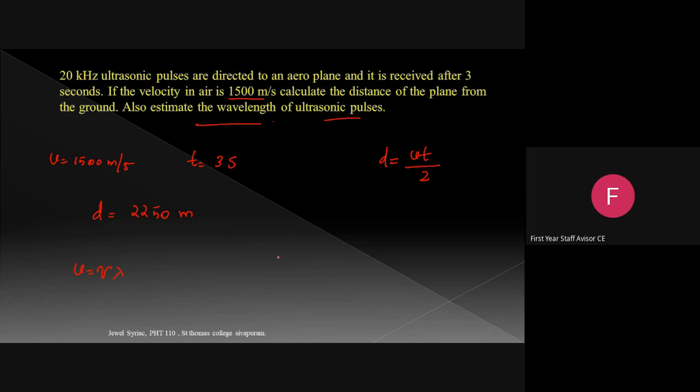So mu given is 20 kilohertz, kilohertz in hertz, that means 20,000 hertz. From this equation we can write lambda is equal to v by mu. Velocity is given 1500 and frequency is given. So find me the wavelength lambda of this ultrasonic wave.